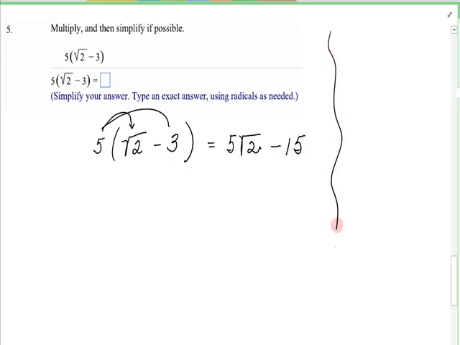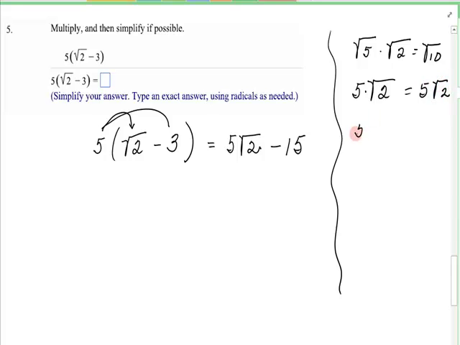So let me just say a couple of words. If you have the square root of 5 times the square root of 2, you can multiply them for the square root of 10. But if you have rational 5 times the square root of 2, you can't do anything with that. It is left as a product.